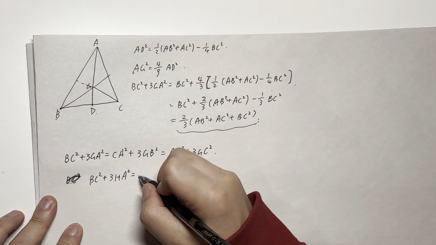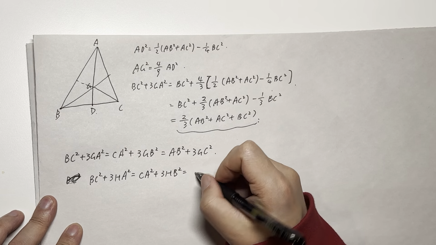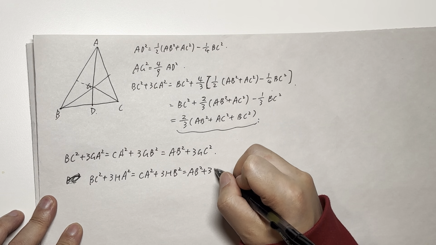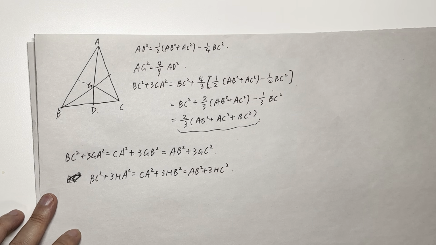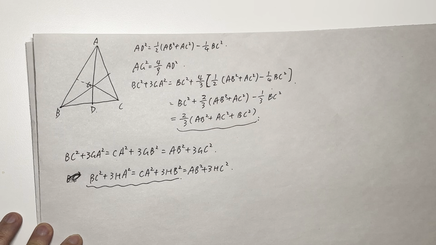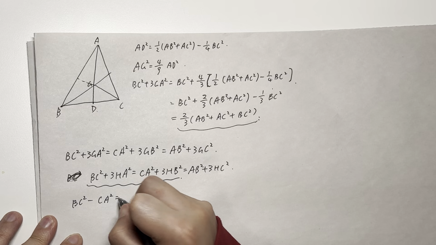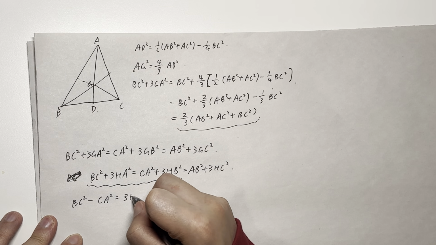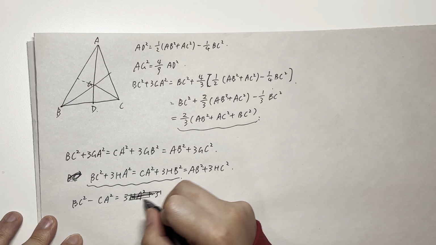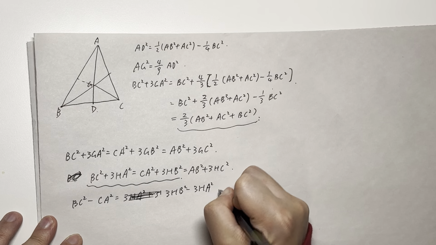So BC squared plus 3HA squared equals CA squared plus 3HB squared equals AB squared plus 3HC squared. Okay? Now look at the first two terms. We know that BC squared minus CA squared equals 3HB squared minus 3HA squared.